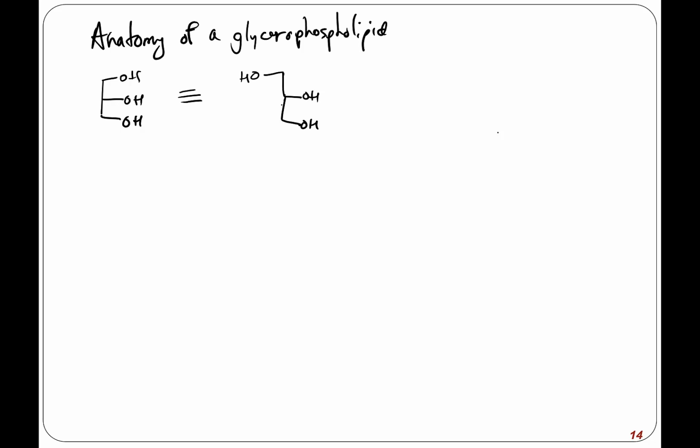So remember there's free rotation around these bonds, so we'll just tweak it a different way to show it differently. Okay, so now remember, two fatty acids, and let's make one of them straight and one of them kinked, like we were doing before, or like we just described is often the case.